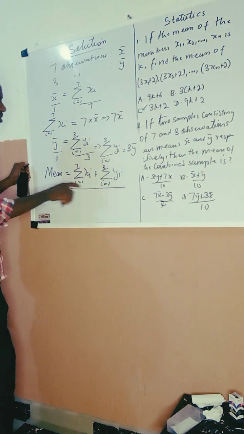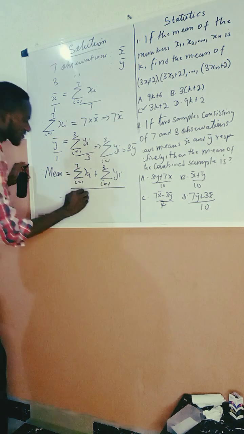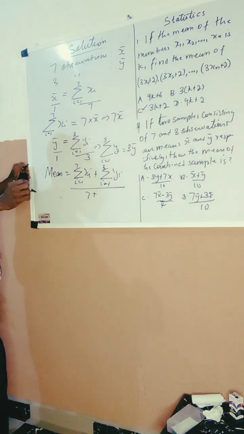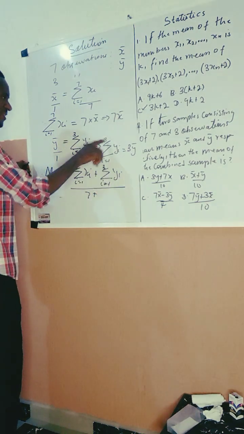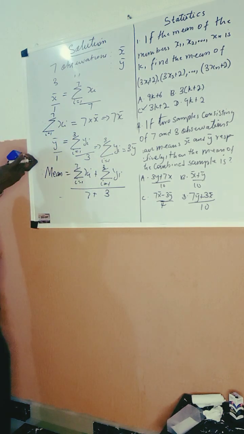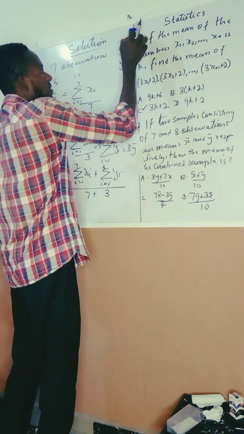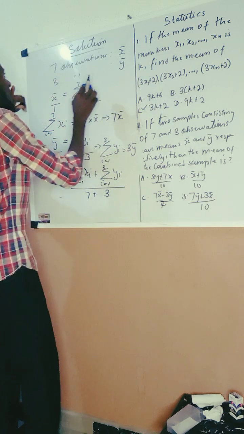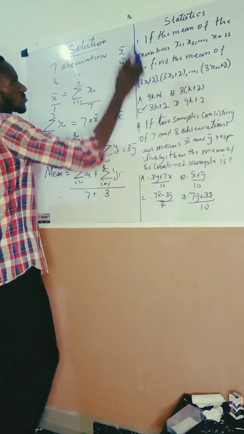What is the total number of x? They are 7. So I have 7 plus. What is the total number of y? They are 3. So I have 3 here. Okay? So permit me to clean this small to be able to finish it.